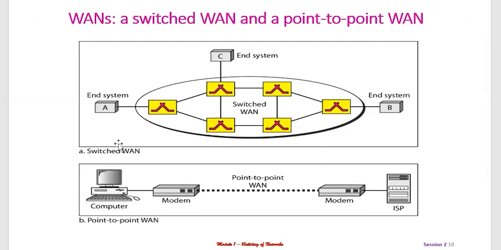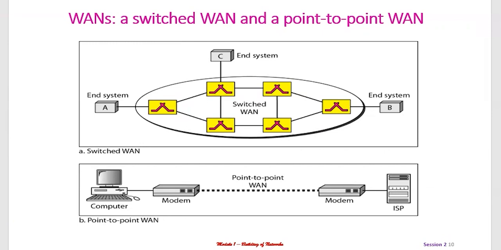And coming to a switched WAN, you have n devices. Based on the number of devices you want to connect in a WAN, you can have a switched WAN. These are switches, which are also interconnecting devices, like a hub, which we will be discussing in the subsequent modules. So this illustrates the difference between a switched WAN and a point-to-point WAN.